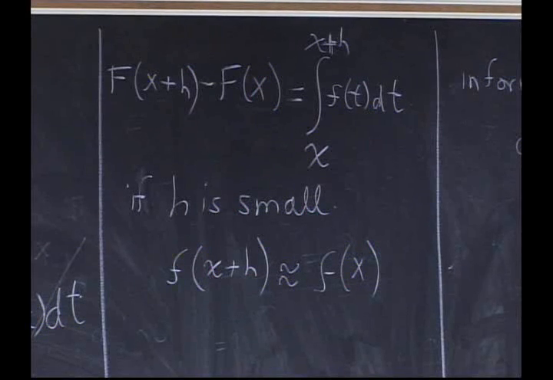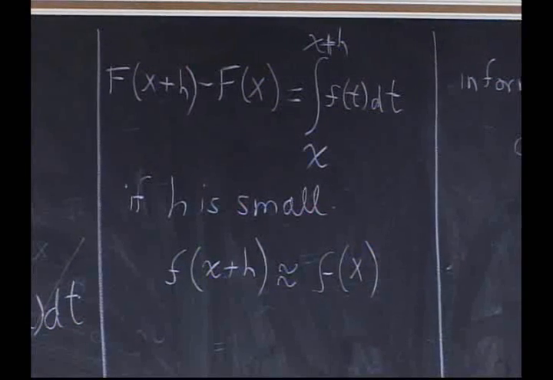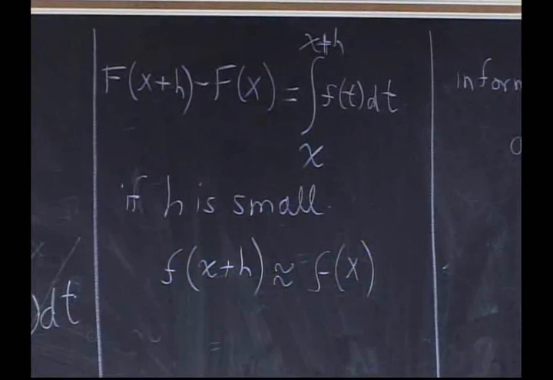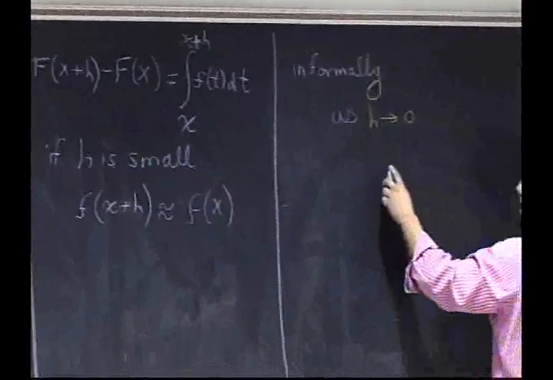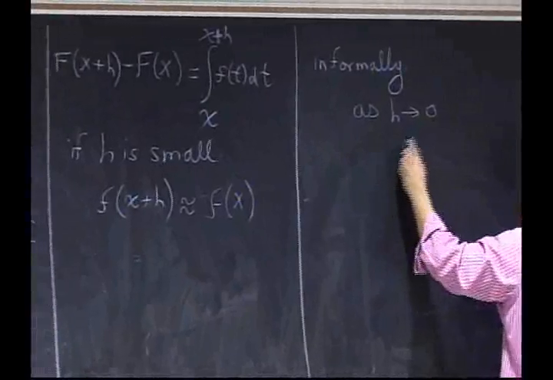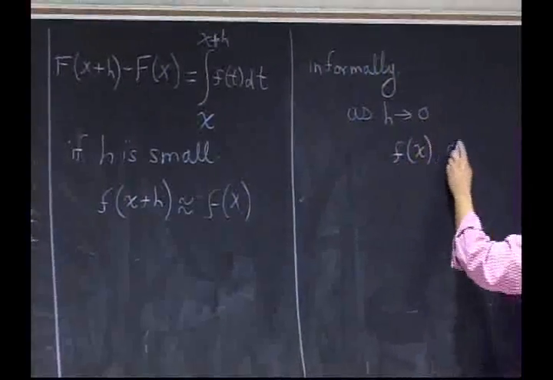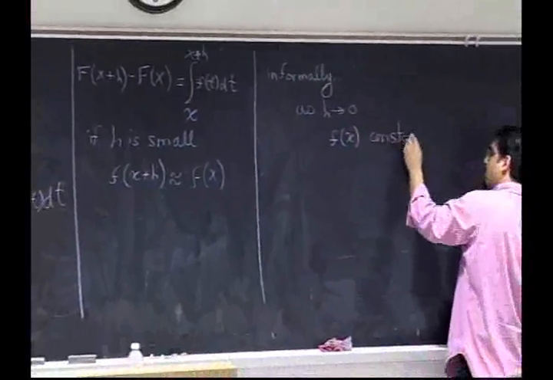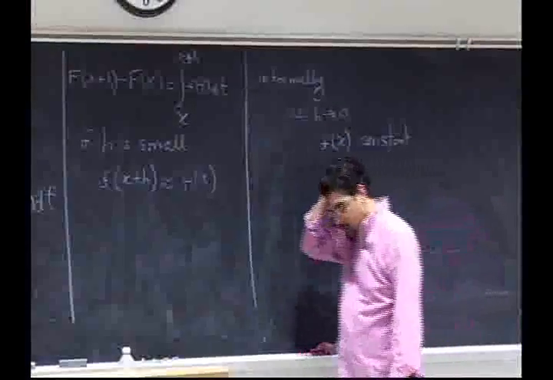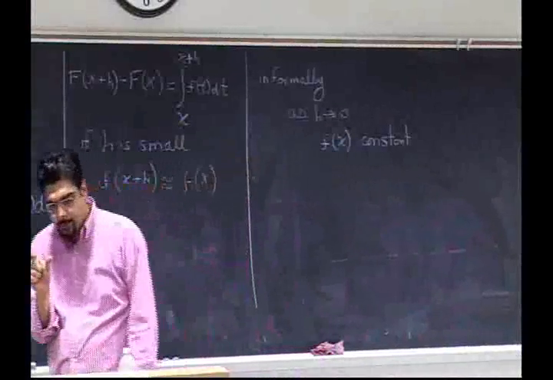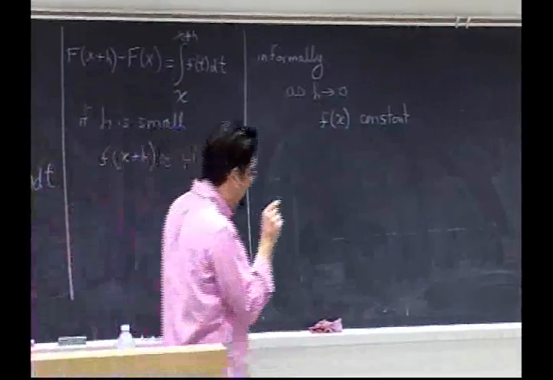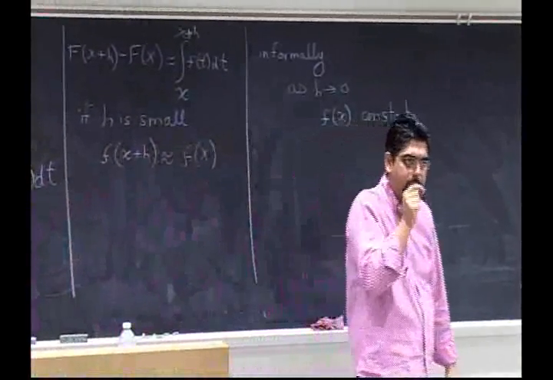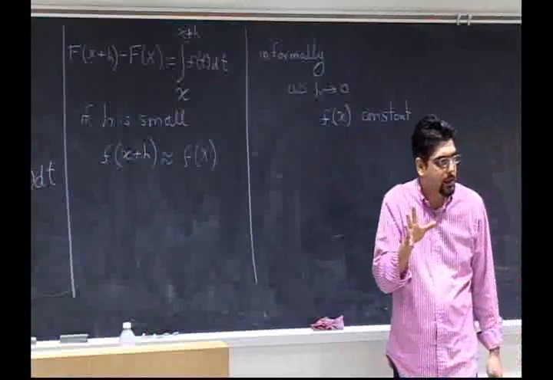As h approaches 0, pretty much f of x is constant, because in a really small interval, if the function is continuous, then it doesn't change much. So you could pretend it's kind of constant, right?